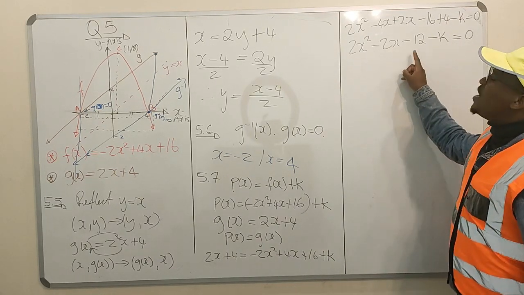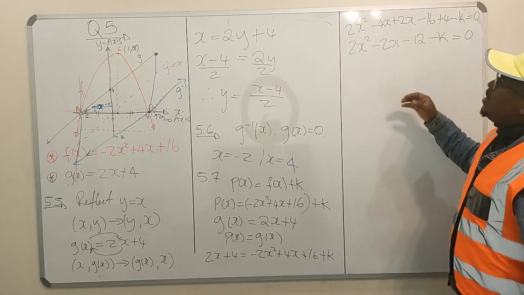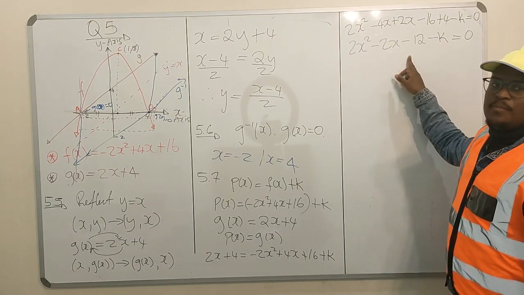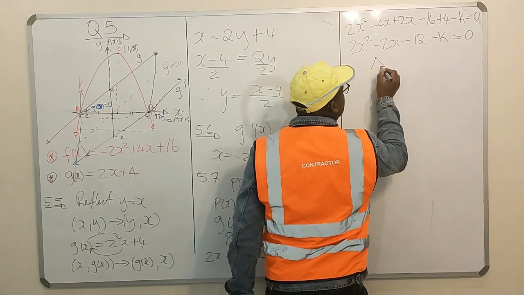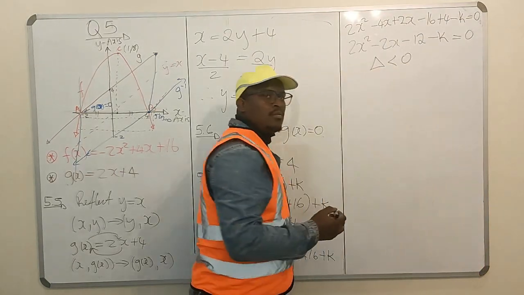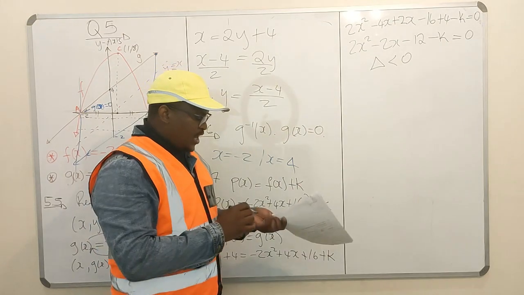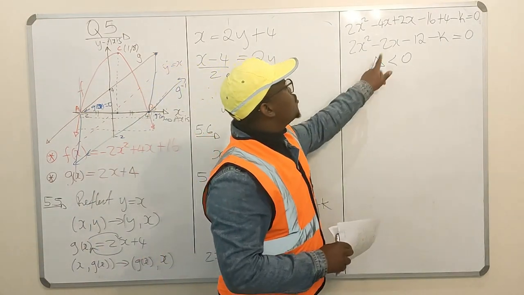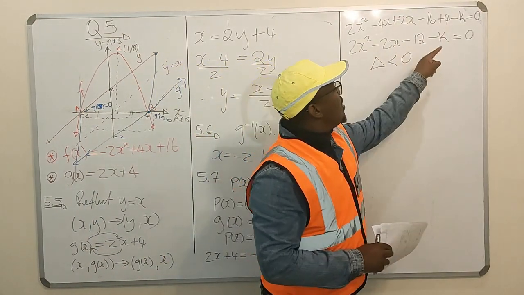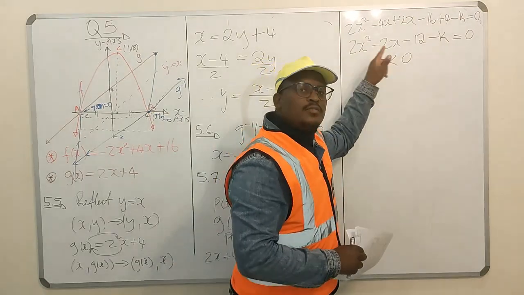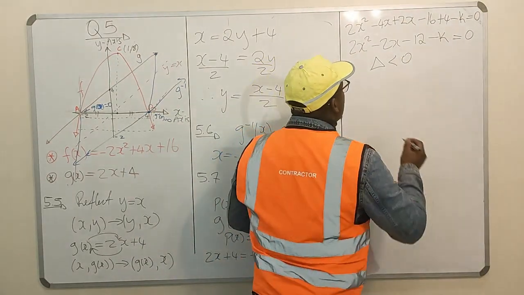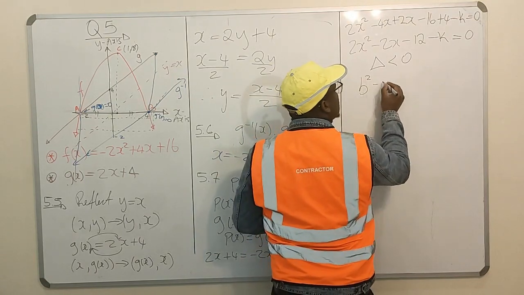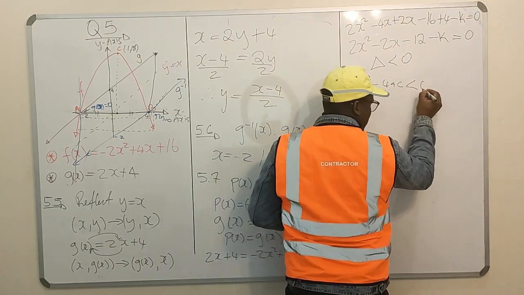And in order to obtain a result of no solution here, our discriminant should be less than 0. In order for this equation to have no solution, the discriminant should be less than 0. We know our discriminant is b squared minus 4ac, which should be less than 0.